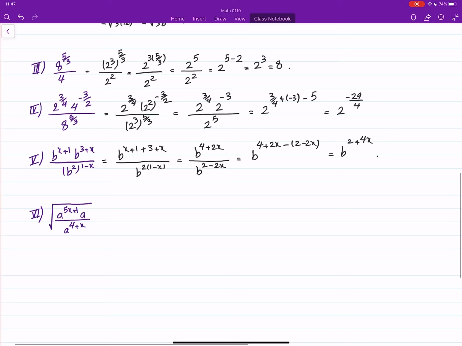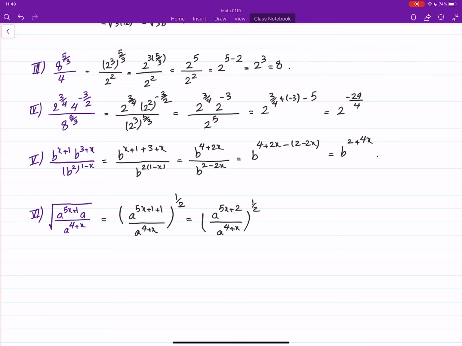For the last one, first thing is that the root can be written as the half exponent, and then in the numerator we have a to the power 5x plus 1 over a to the power 4 plus x. And this is a to the power 5x plus 2 over a to the 4 plus x, and then to the power half.